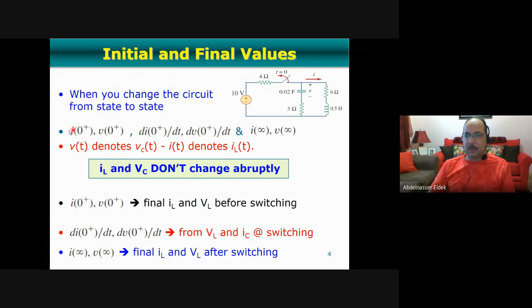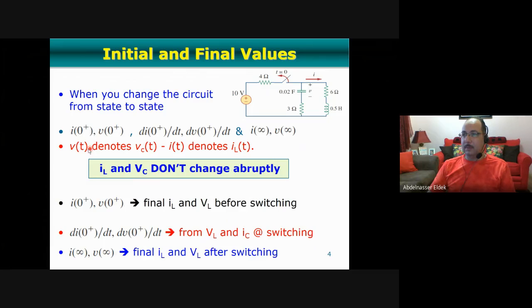So we need the initial conditions, I0 and V0. And we need also the first derivative of the current and the voltage, di by dt and dv by dt. And when you say I and V, this means the current in the inductor and V across the capacitor. I infinity and V infinity are the final values for the current and voltage.